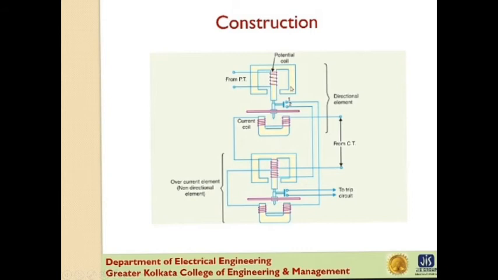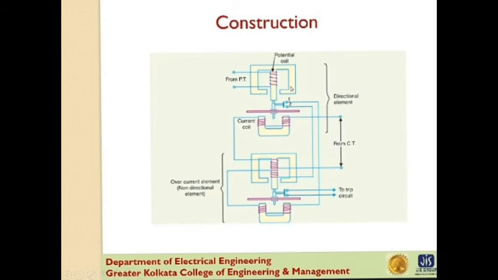Therefore, the latter element cannot start to operate until its secondary circuit is completed. In other words, the directional element must operate first, that is, contacts 1, 2 should close in order to operate the non-directional part.